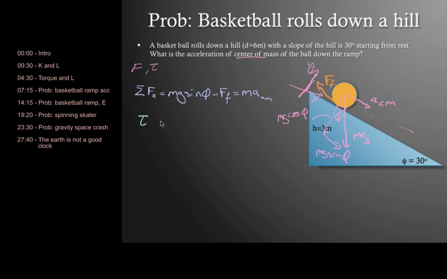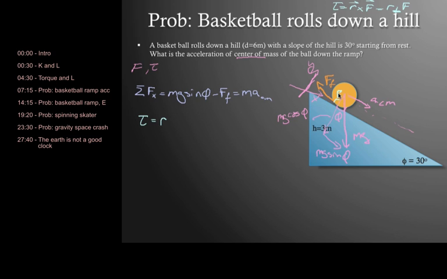Let's look at the torque on this ball. So torque is R cross F, and here everything is nice and perpendicular. When I think about torque equal to R cross F, I really need to talk about R perpendicular to F. But in this case, it is nice and perpendicular.